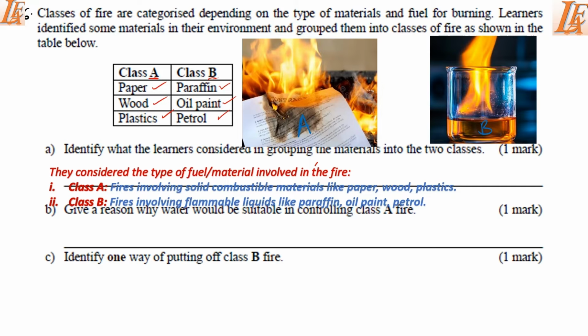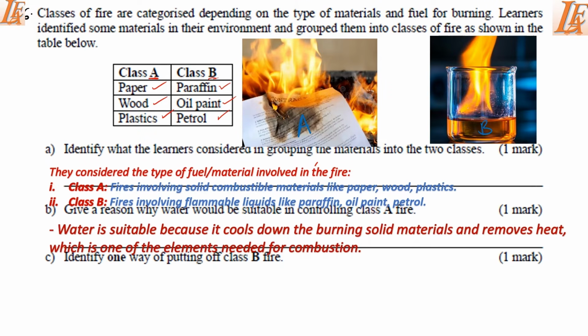Then B, give a reason why water would be suitable in controlling class A fires. Remember, class A fires involve paper, wood, and plastics. The reason why we prefer water is because it cools down the burning solids. It removes heat from the solid, and this controls burning.